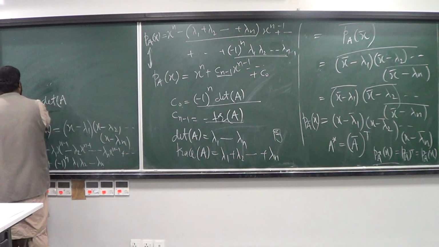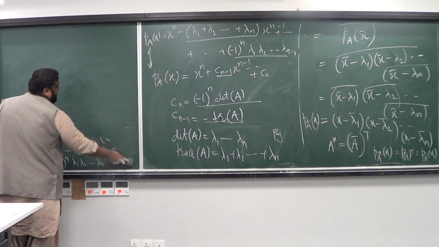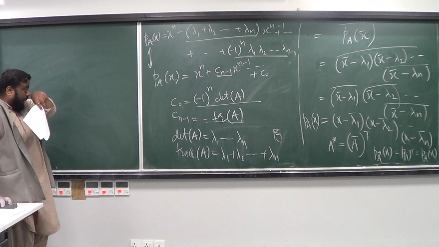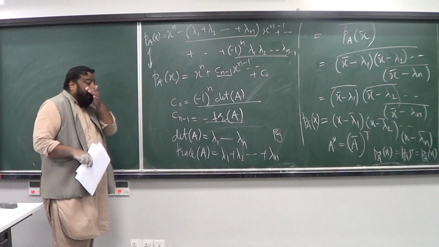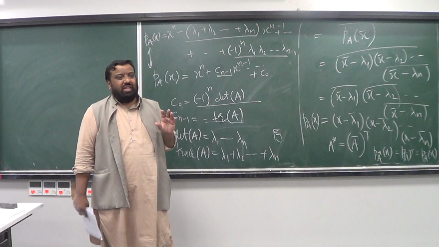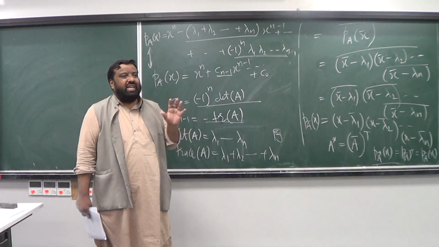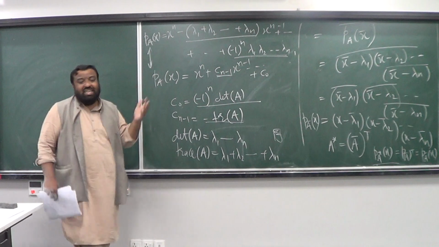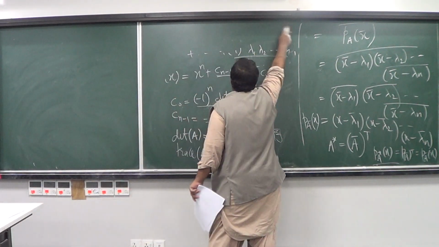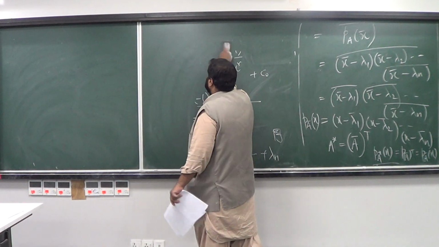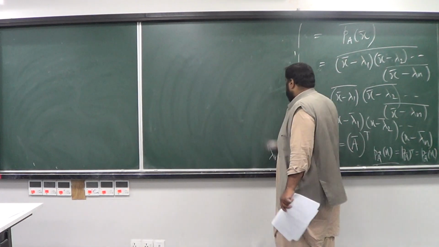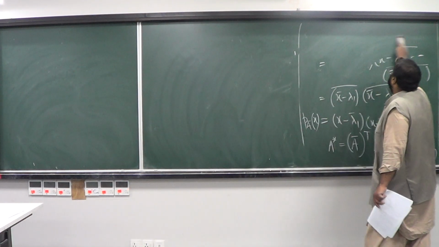It says that for a given characteristic polynomial of a matrix, if in that polynomial you substitute A, then the characteristic polynomial is going to annihilate the matrix A. So it's an annihilating polynomial for the matrix A. In other words, every characteristic polynomial is an annihilating polynomial for the same matrix.